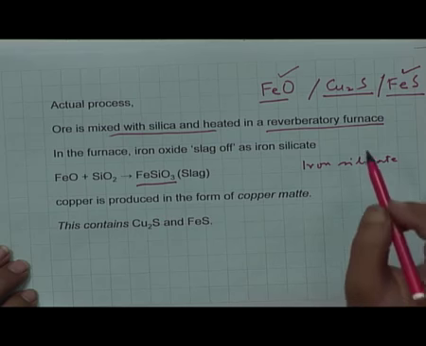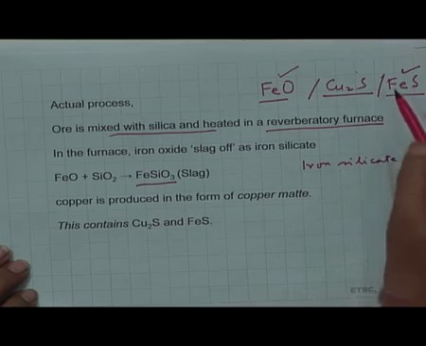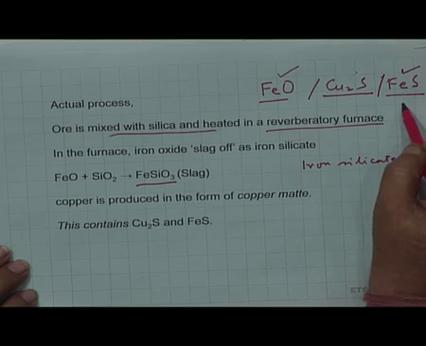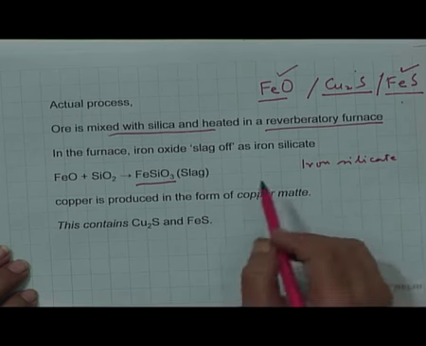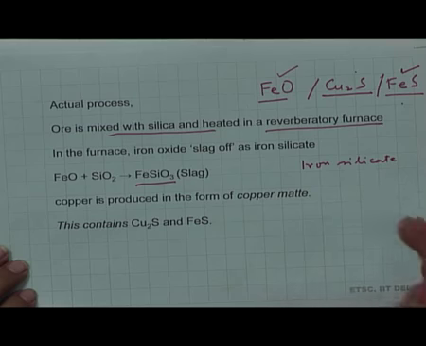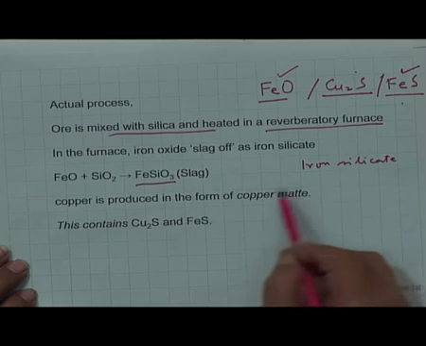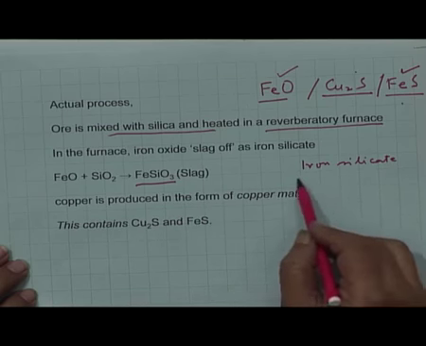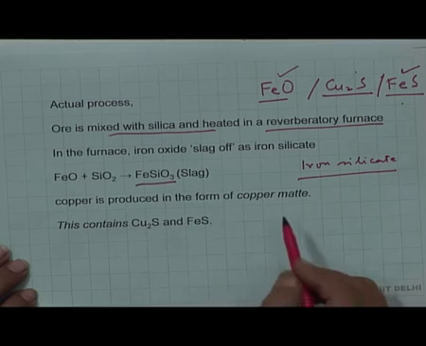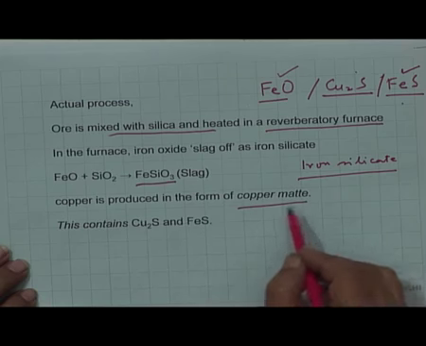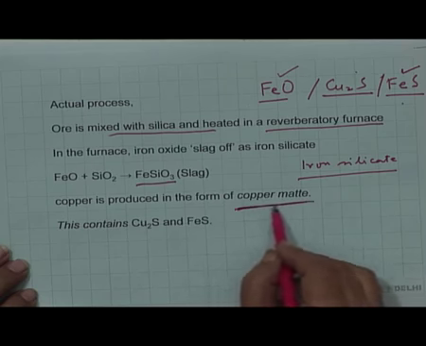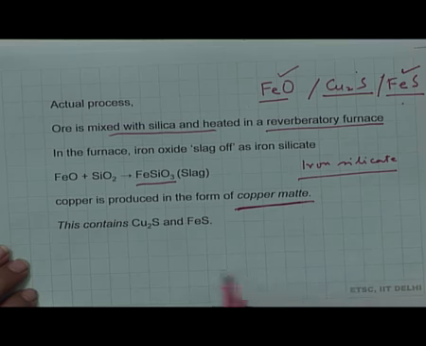Now, what remains is copper sulphide and iron sulphide. The material which we get after the removal of iron as iron silicate, we call copper matte, and this copper matte contains mainly copper sulphide and iron sulphide.